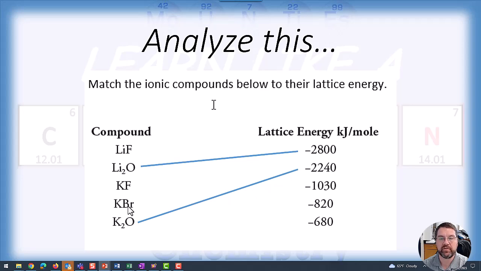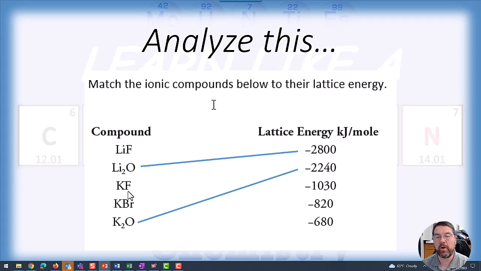If we think about these, lithium and fluoride are both at the top of their respective columns, so they're going to have the smallest radii. Potassium is going to be a little bit bigger than lithium, and then for this third one, the bromide ion is going to be larger than fluoride.